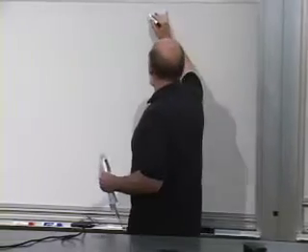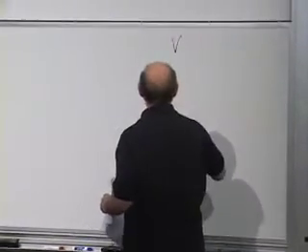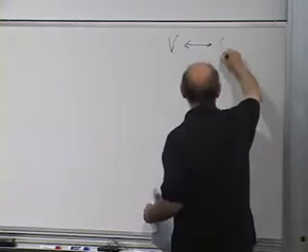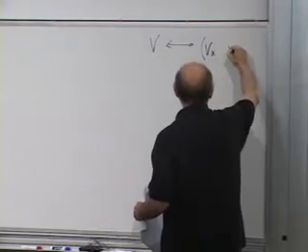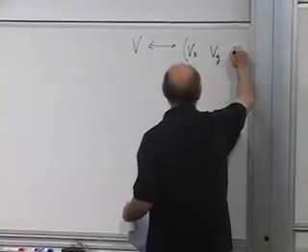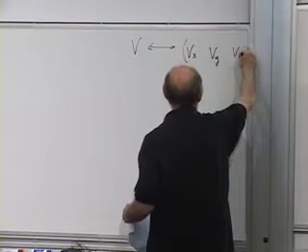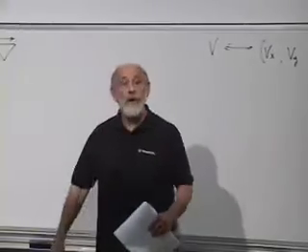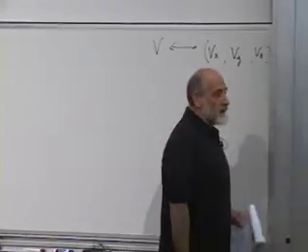If I wrote any vector over here, v, we could say that's the same thing as giving its components, the x component, the y component, and the z component. So one way of viewing a vector is just that it stands for three numbers. The x, y, and z components of v could be a velocity, for example.